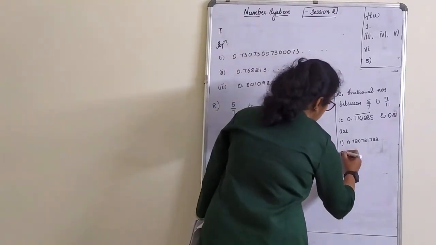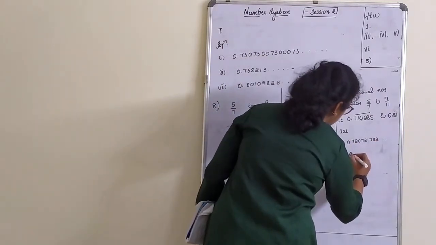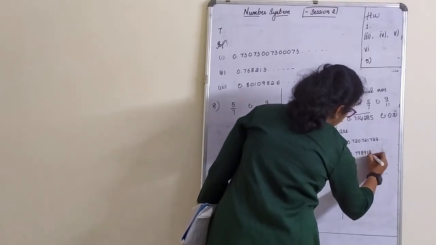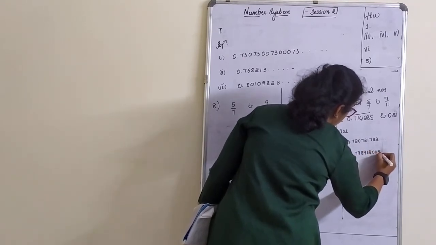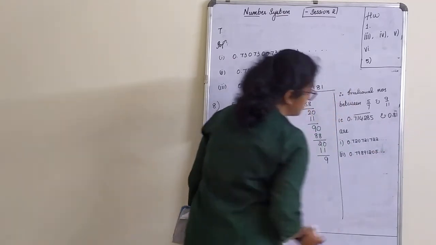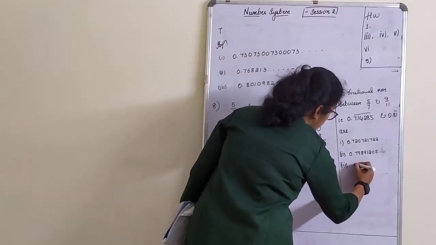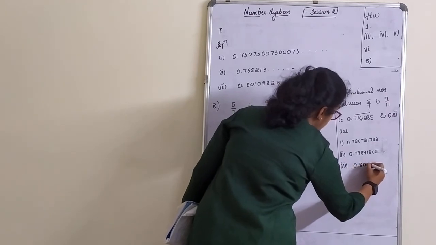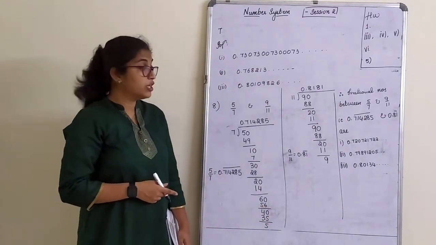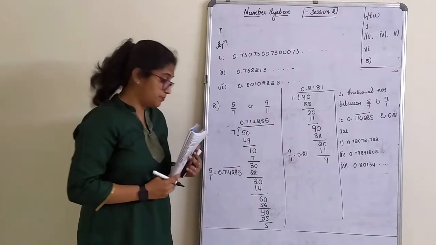Next, the second number between these two numbers, I will choose 0.7989120005, not too many zeros, something like this, dash, dash, dash. Okay. Last number, I will write 0.80134 dash dash dash, because we have 0.81. So these are three different irrational numbers between the rational numbers.